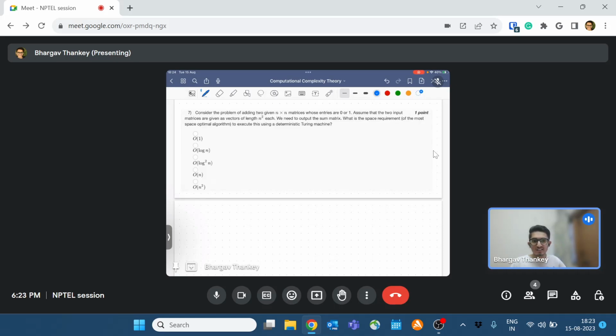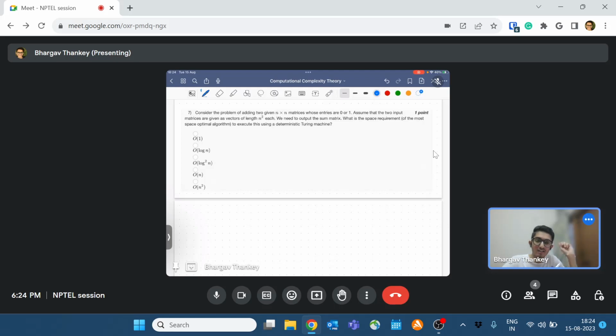Which of these is correct? Since I need to find the sum of the two, I'll go for order of n square. Order of n square would be true if you are also counting the amount of space required to output the matrix.